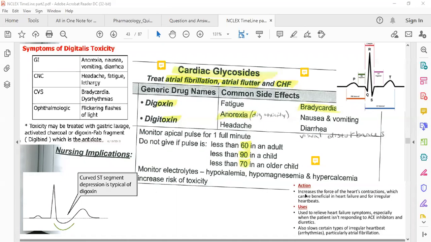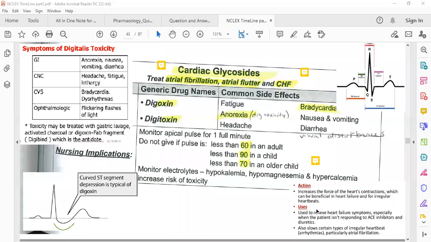The action, some books said, they increase the force of the heart contraction, which can be beneficial in heart failure and for irregular heartbeat. The effect of digoxin over the heart, they slow down the heart rate and increase the blood pressure and increase the tissue perfusion.